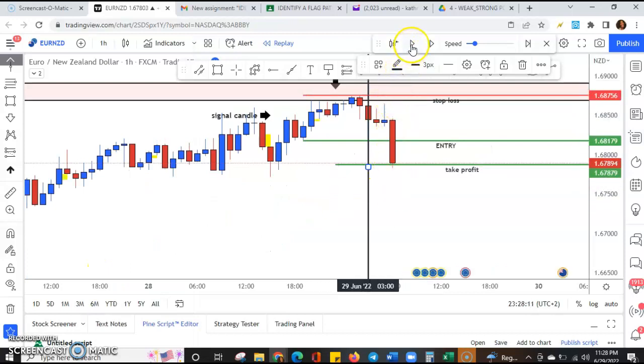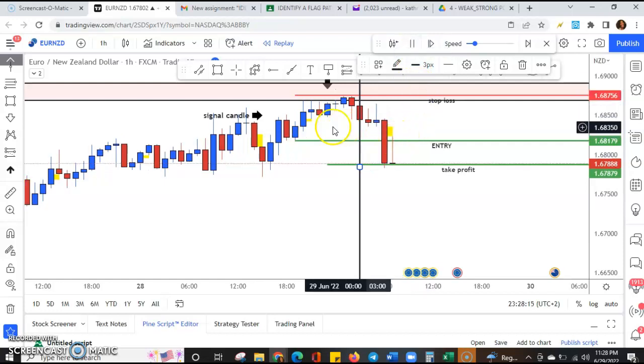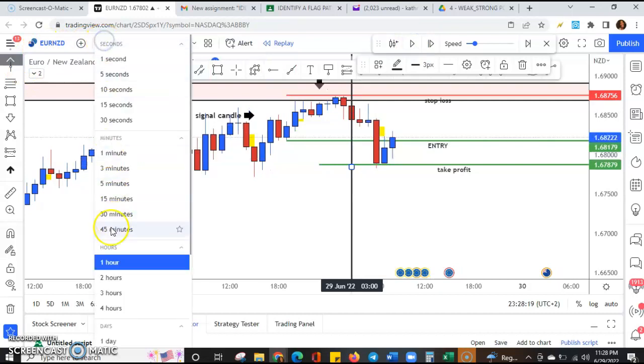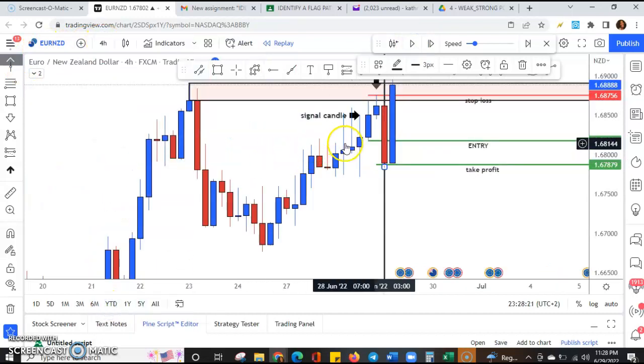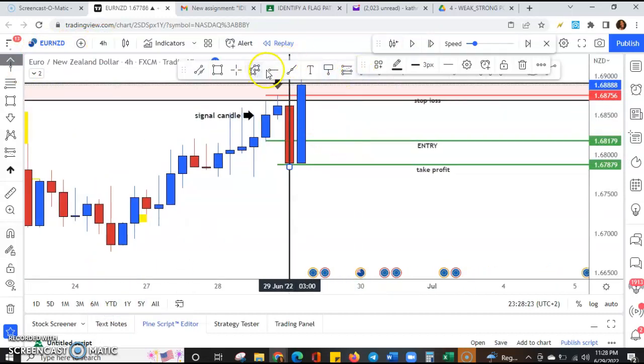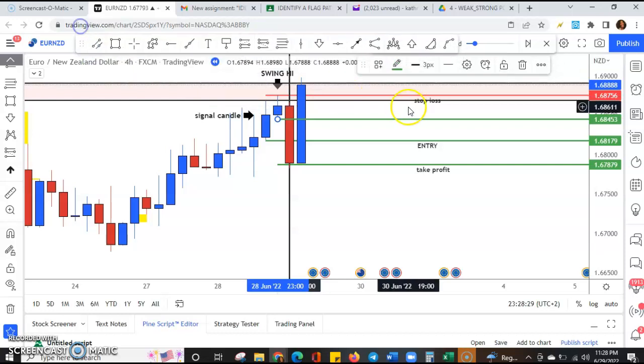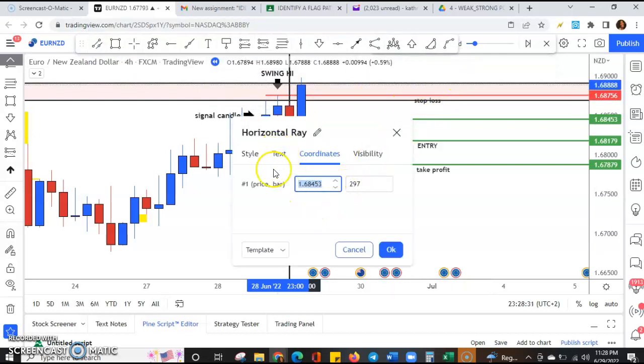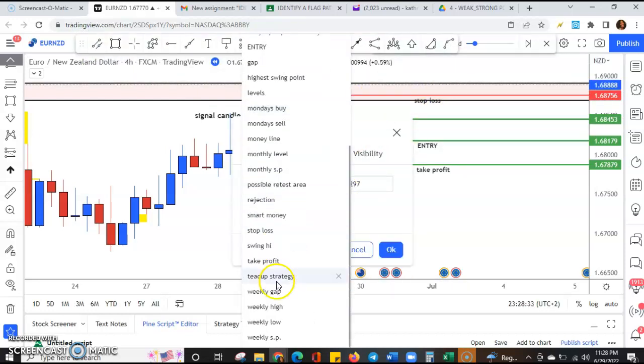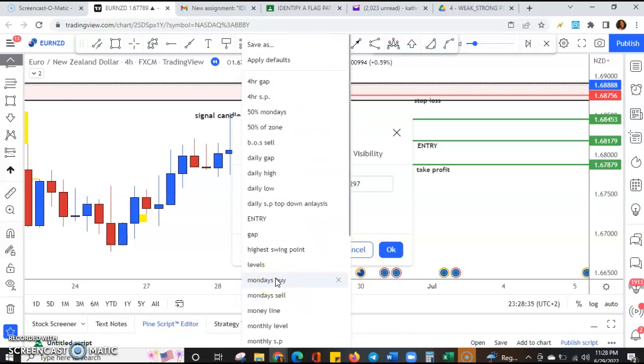Okay. And he was looking for a retest. You draw the line for the retest. He was looking to retest this area to take an entry. So let me go ahead and put this on here for retest.